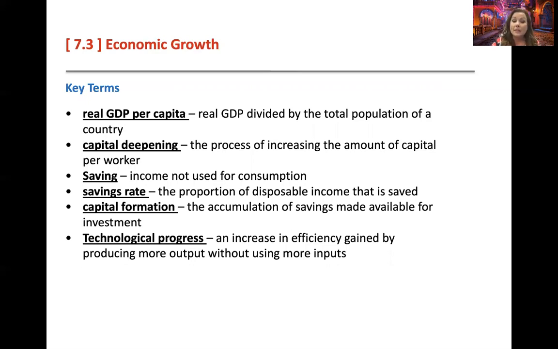Capital deepening. This is where you increase the amount of capital per worker. There's two types of capital. You have physical capital and human capital. So I could buy better equipment to help you with your job. Like maybe you get a better laptop that's faster, can do more. Or maybe I send you to school.